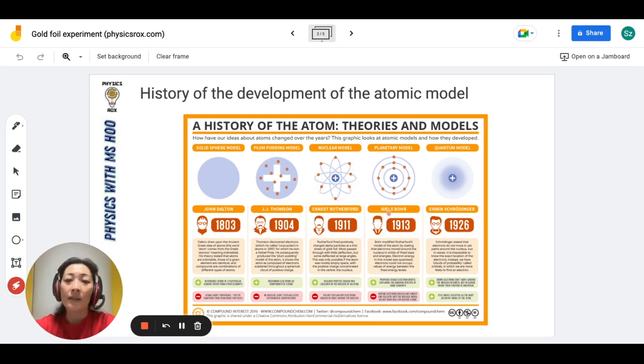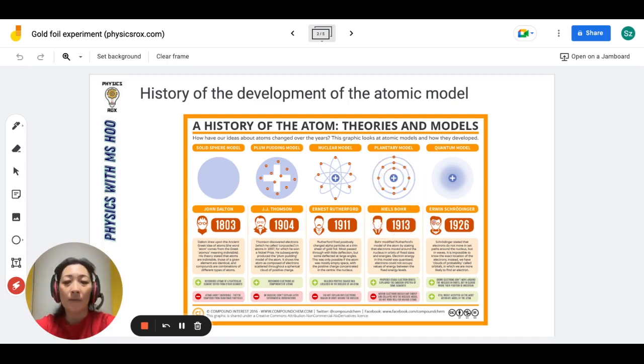Very shortly after, Niels Bohr discovered that the electrons are actually orbiting in shells outside the nucleus. This is the model that most of you should have learned in your chemistry syllabus. So we tend to use Bohr's atomic model as our reference.